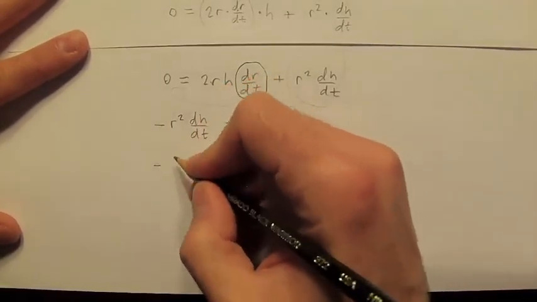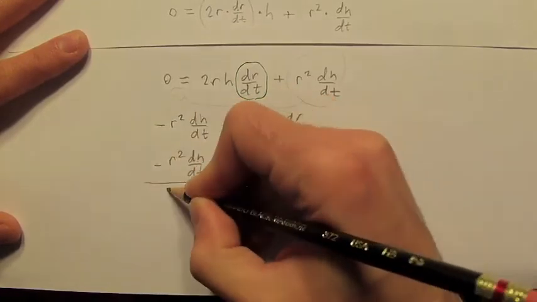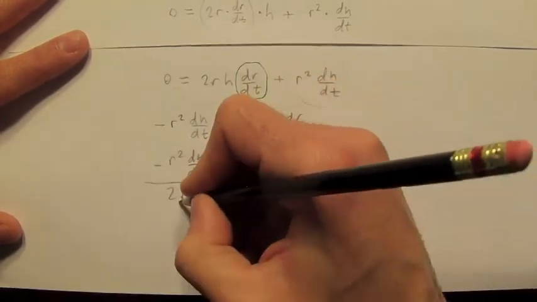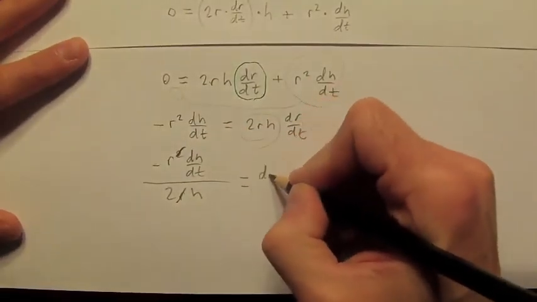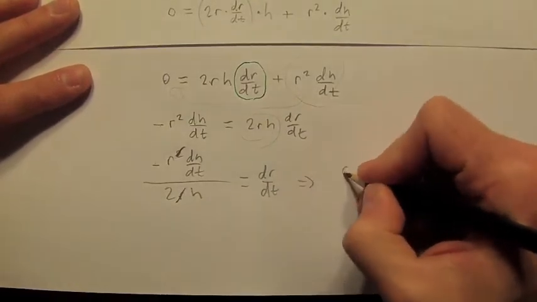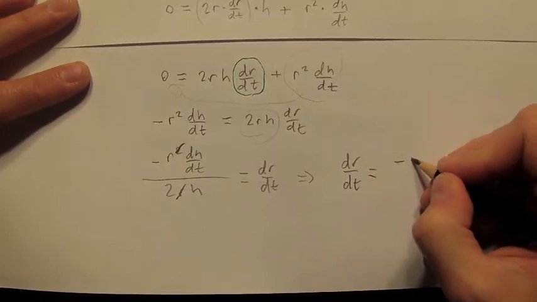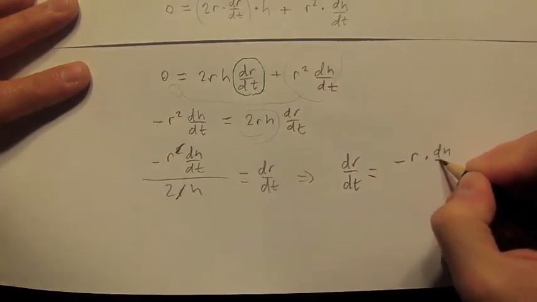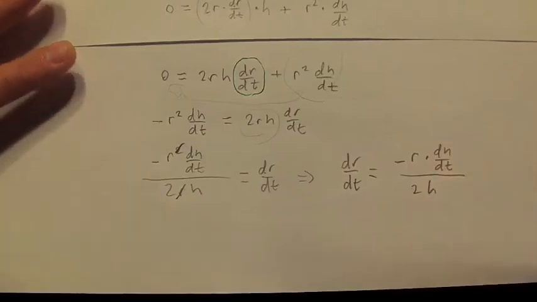So I have negative r squared dh/dt over 2rh, and I have these r's cancel. Okay, so finally I have that dr/dt is equal to negative r times dh/dt all over 2 times h.